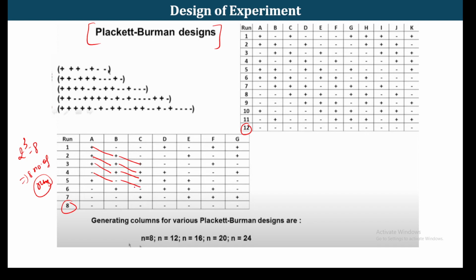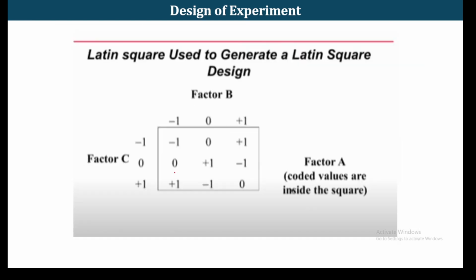If we design the experiment like this, it should go like this. So generating the columns for the various Plackett-Burman designs, where n is equal to 8, 12, 16, 20 or 24, we have to keep in mind the last row will always be negative, and we proceed further this way only.